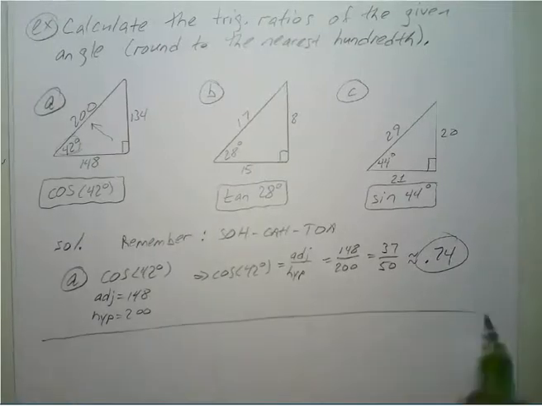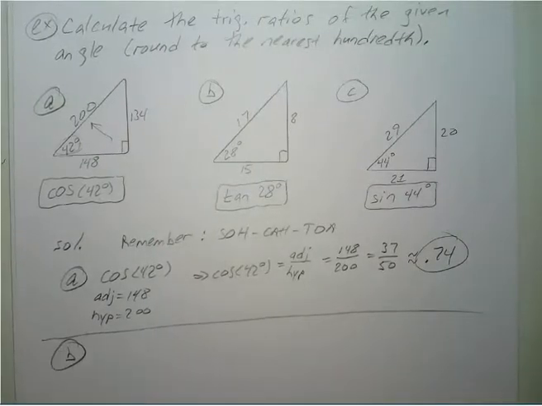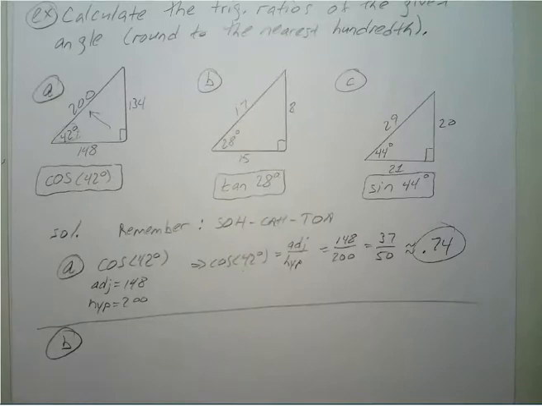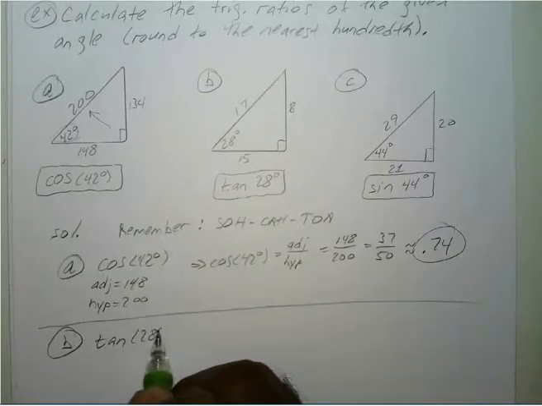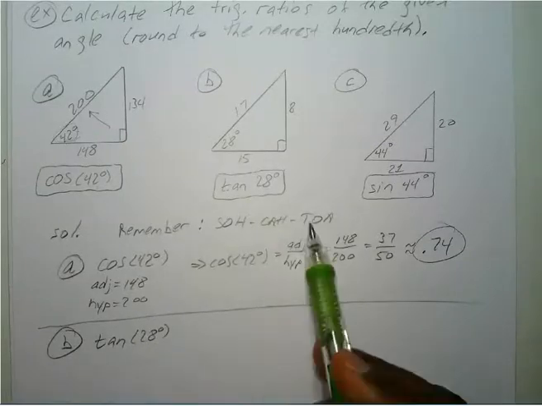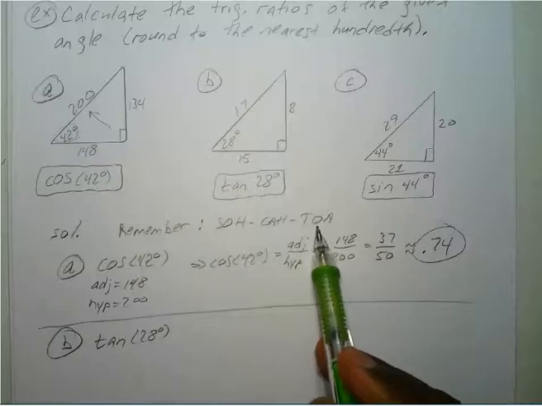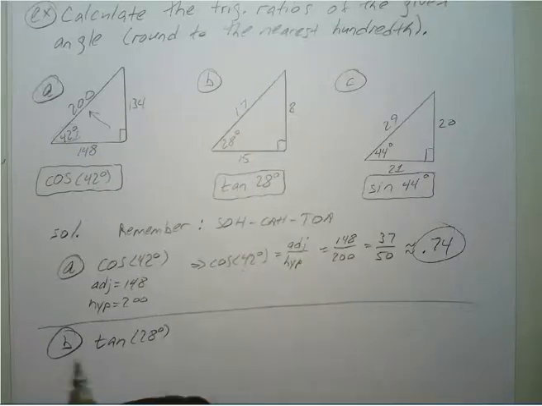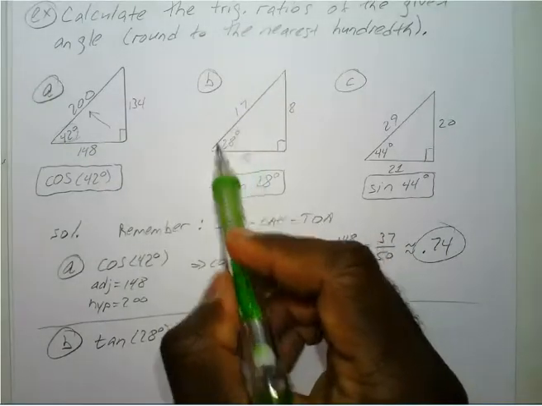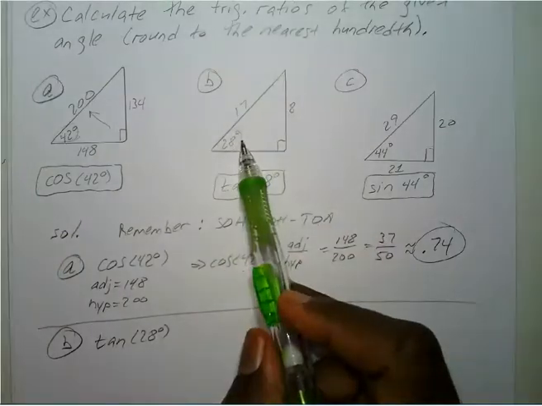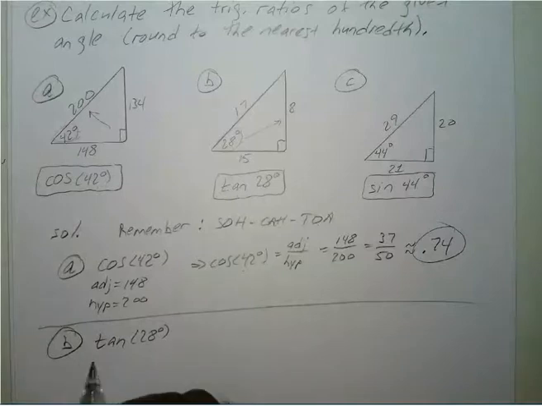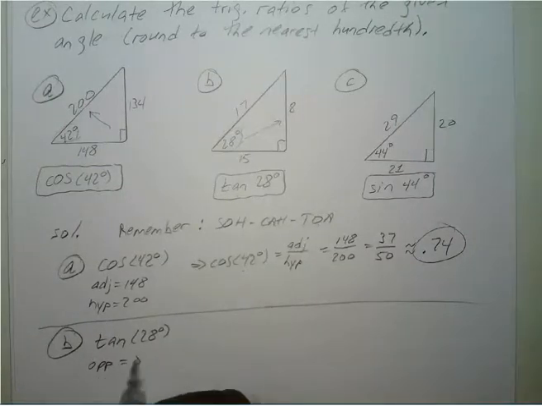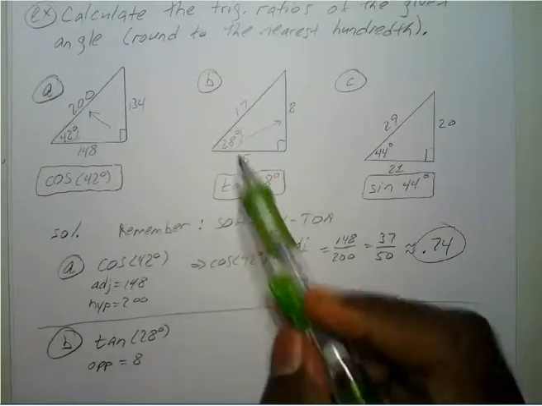So let's go for B, and we're looking for a tangent of 28 degrees. Remember, the tangent is the TOA. Tangent equals opposite over adjacent. So this is your 28 degrees. What's the opposite of your 28? That's your 8. So your opposite equals 8. What's your adjacent?